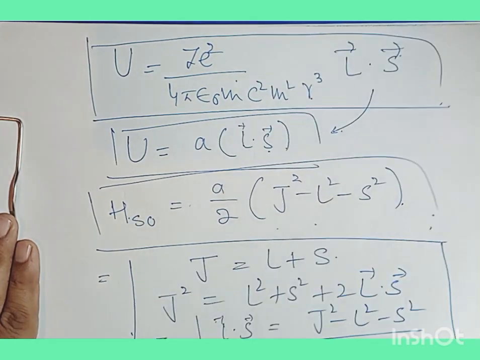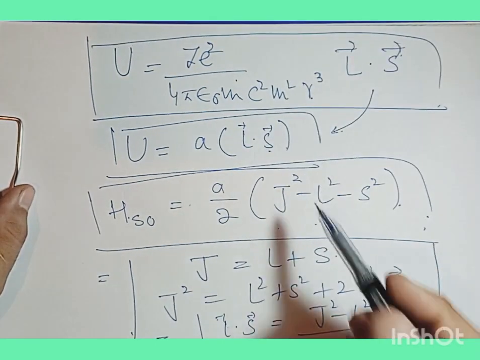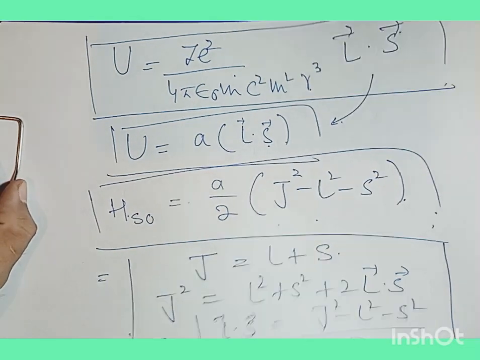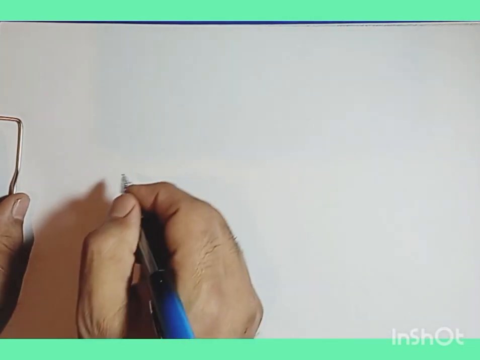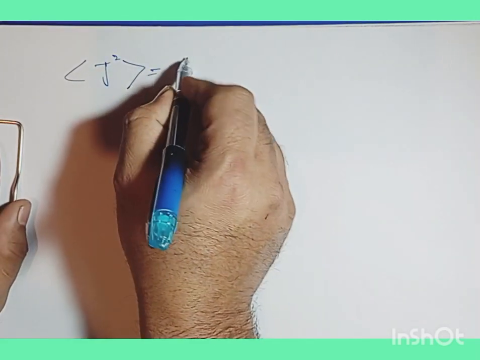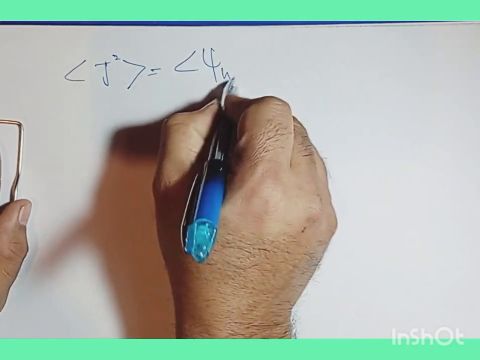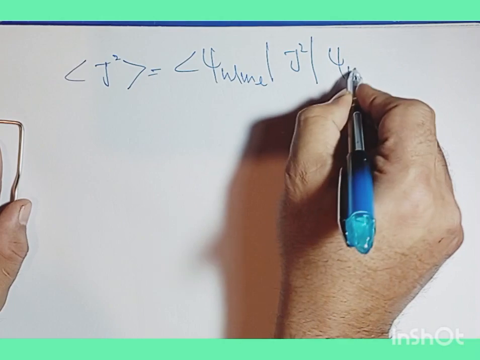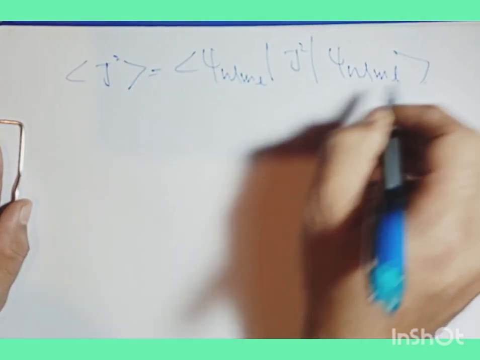So on evaluating the expectation value of J square, L square, and S square, what we obtain is, say, if I want the expectation value of this J square, what will that be? That will be psi n L m_L, J square, psi n L m_L.